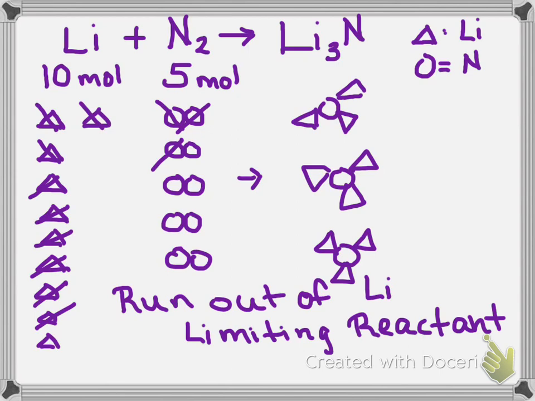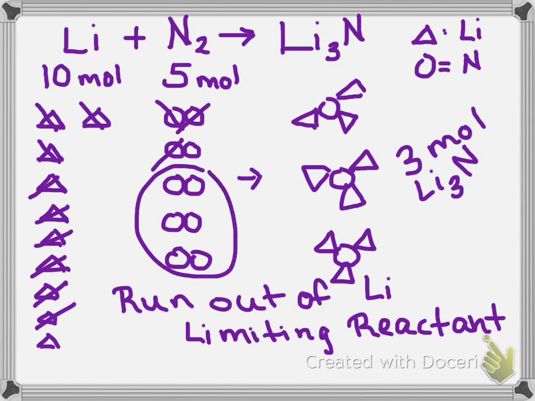So what we can see in this picture is that if we had 10 moles of lithium and 5 moles of nitrogen, we could make 3 moles of lithium nitride, and we would have excess nitrogen. That would be the excess reactant.